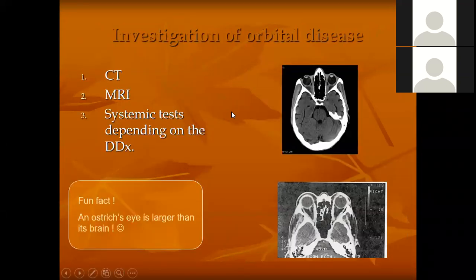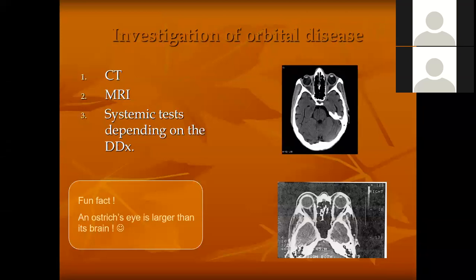Now, how will you diagnose that the patient is having exophthalmos? Clinically, you have done the examination. For the laboratory investigation, there is no specific blood test other than T3, T4, TSH, the thyroid levels, which you can do from the blood.